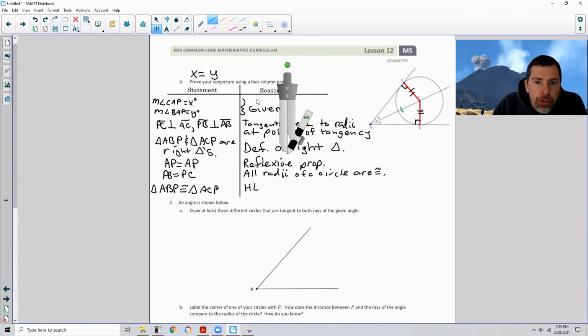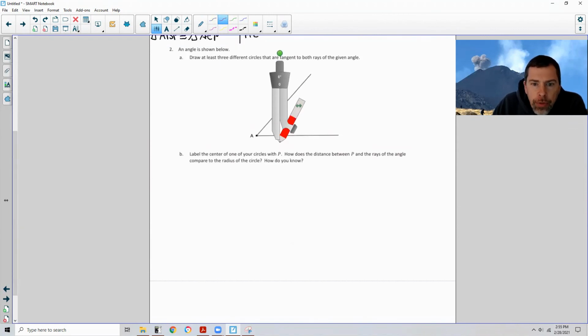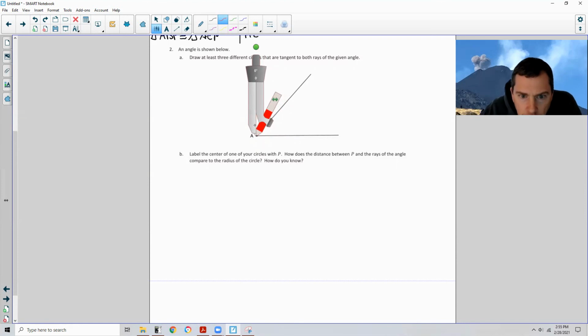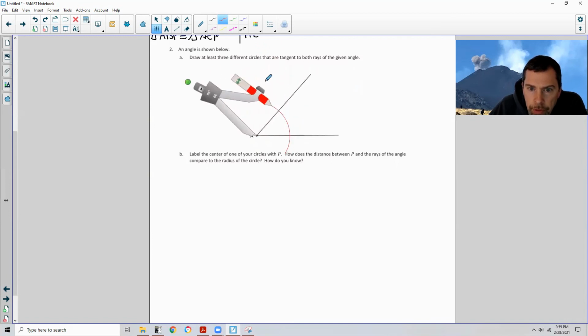Do you remember constructions from module 1? Okay, so I'm going to click on the compass and then move it to the center, open it up a distance and draw an arc. Like so.